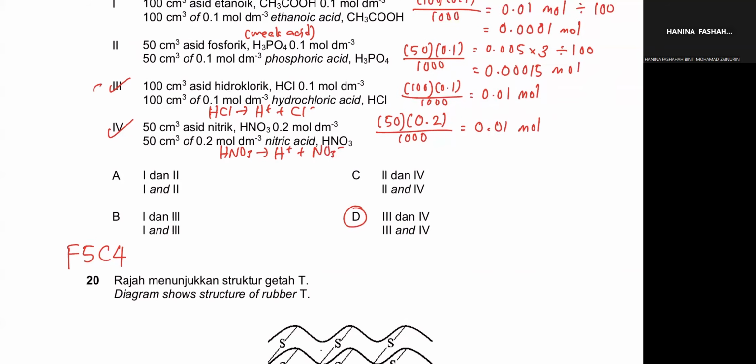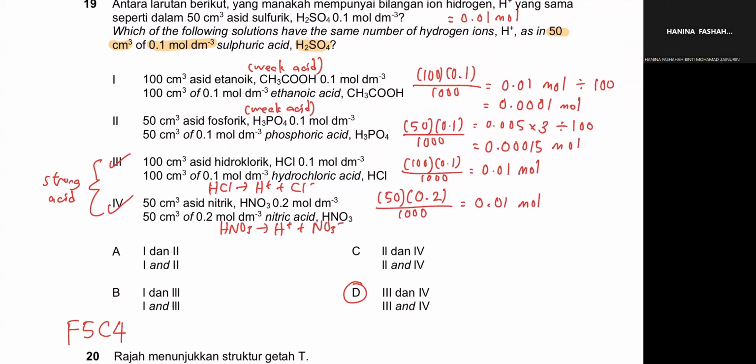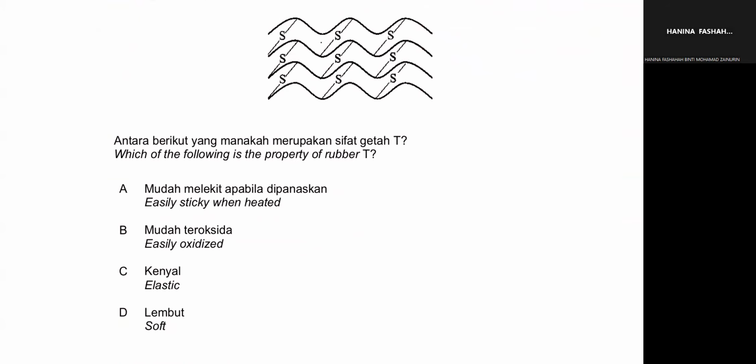Because both of these are strong acids, the first one and second one are calculated, and the other ones are weak acids. Weak acid means I only produce like 0.0001 mole, because they ionize partially, only 1%, 1.34% to ion. So they produce very, very little H plus. So it's easy. Number 20 is C.